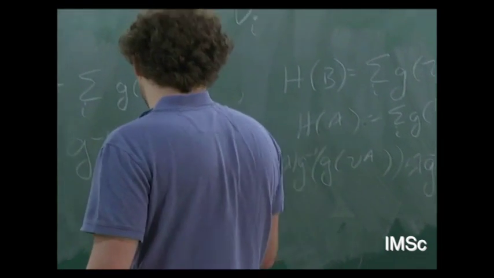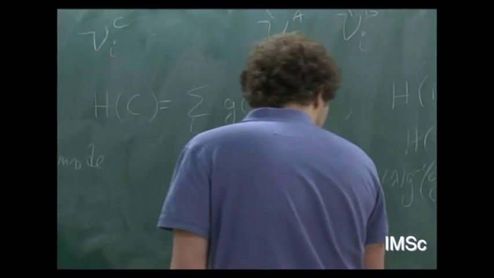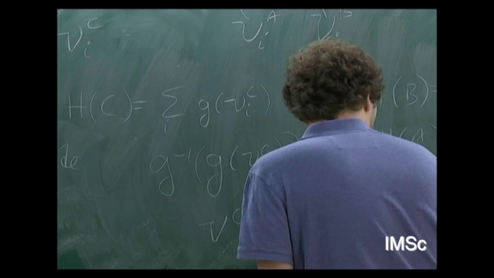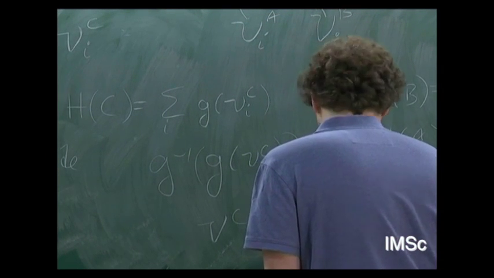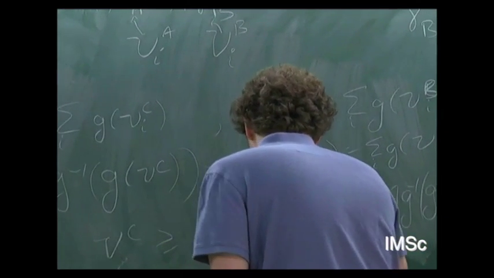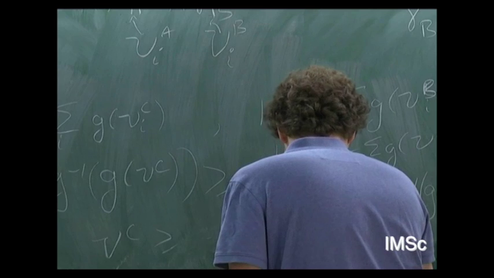So it just says that nu C should be bigger than or equal to the average of mu A and mu B. And actually, this turns out to be just true.